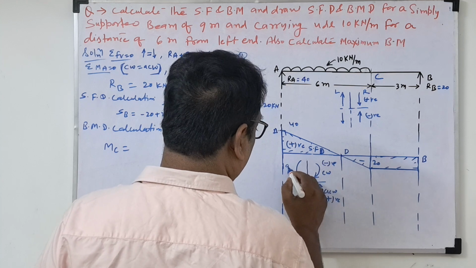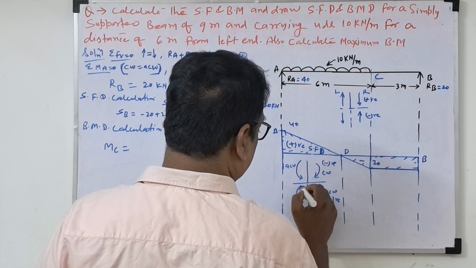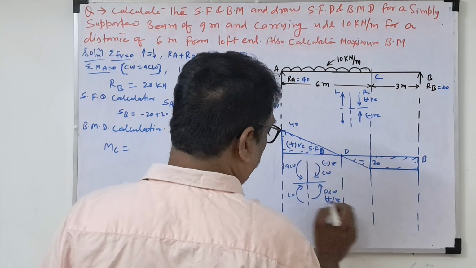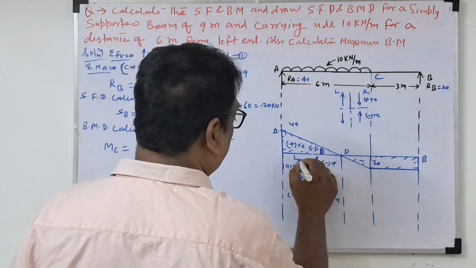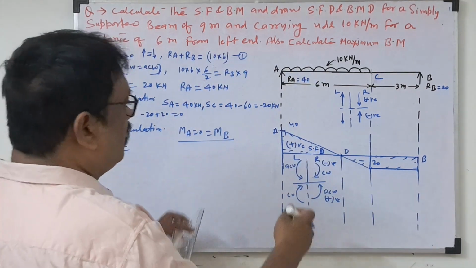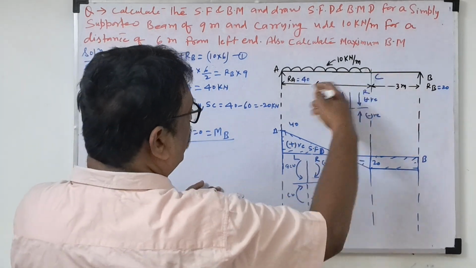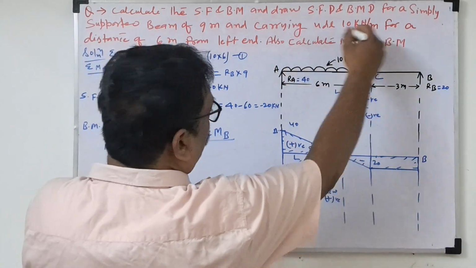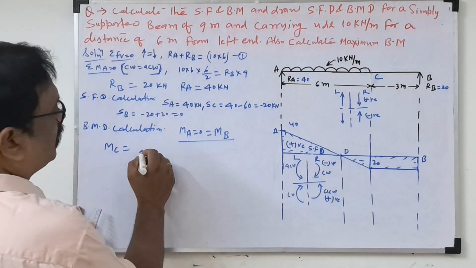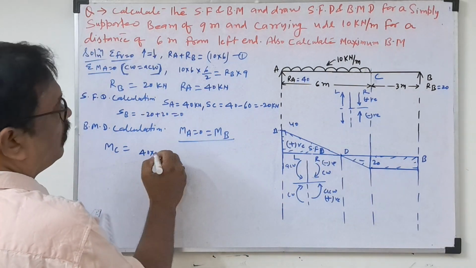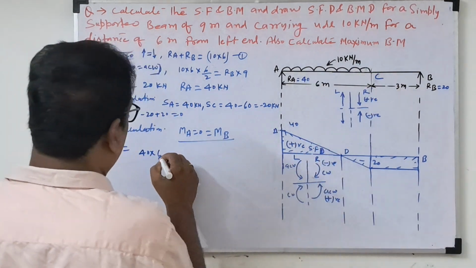This is anti-clockwise, then this is clockwise, positive. So this is the right section, this is the left side. We are taking the left side. So bending moment at C. On the left side, going clockwise is positive. So what will come? 40 into the distance C, 6.